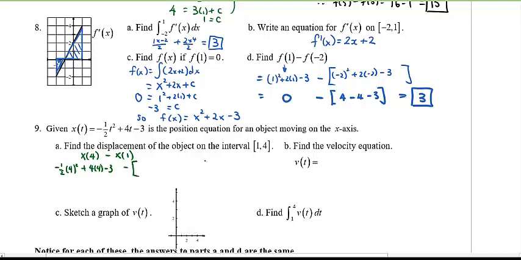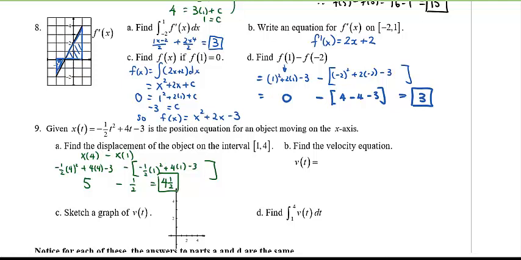I always like to put a big bracket around the second part so I don't get messed up. 1 squared. What do I have here? 8 minus 3 is 5, I believe. So that's 5. And then over here, 4 minus 3, 1, I think it's 1/2. So 5 minus 1/2 is just 4.5. Okay.